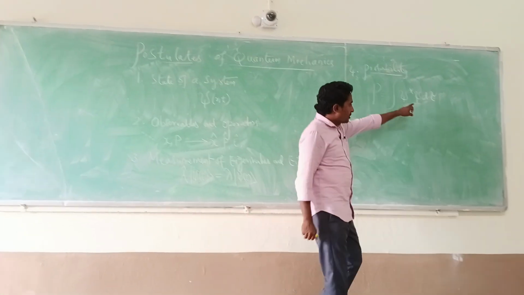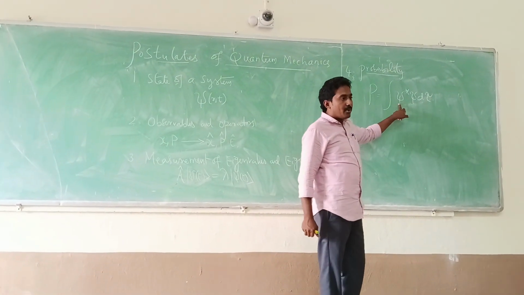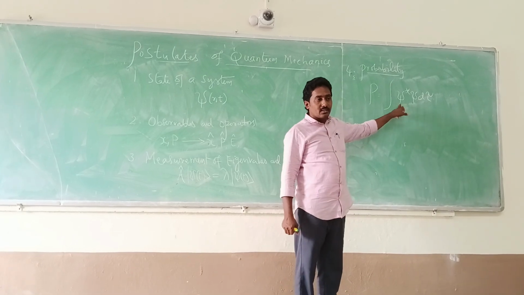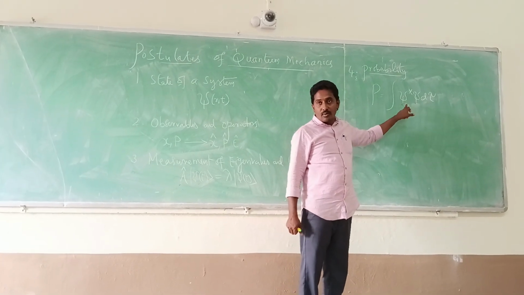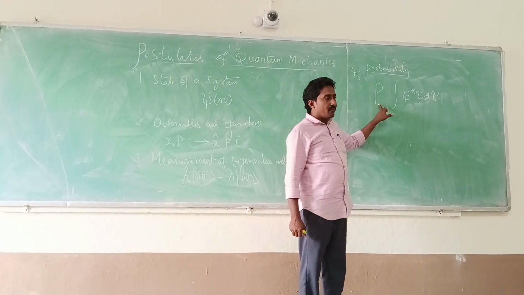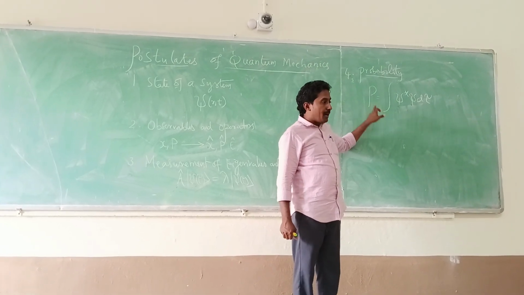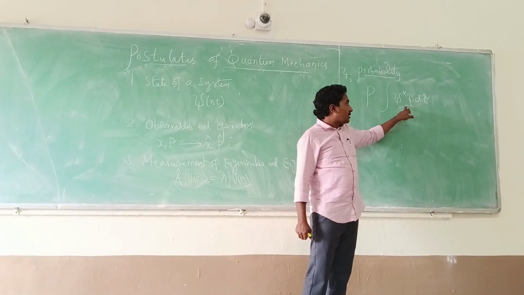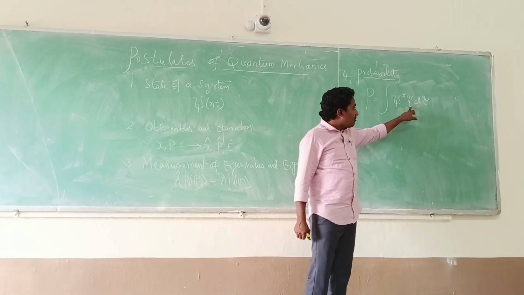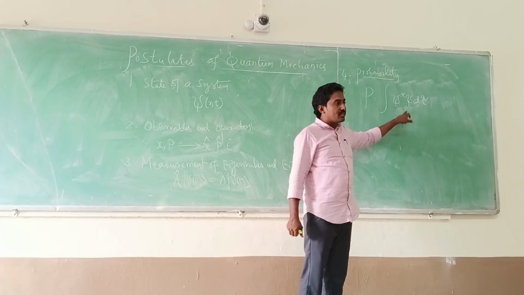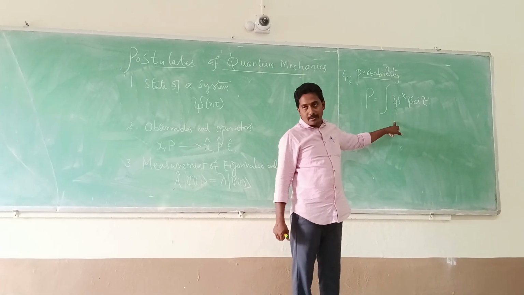Here ψ is a wave function. ψ star is the complex conjugate of ψ. ψ star ψ is known as the probability of the system, or probability of the particle. If ψ involves any imaginary term, the sign of the imaginary term changes in the complex conjugate.